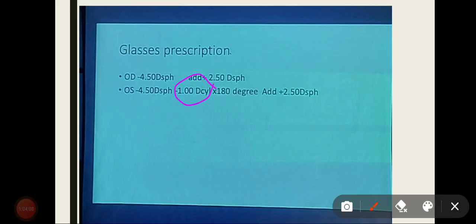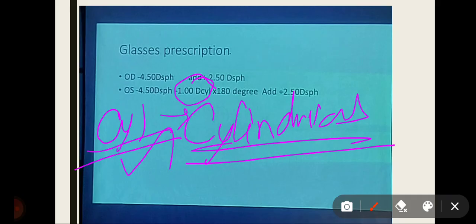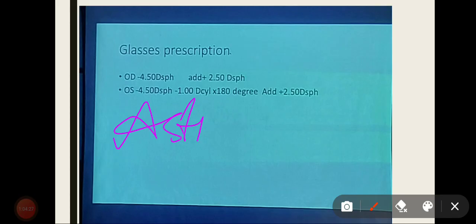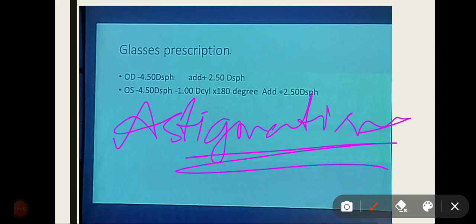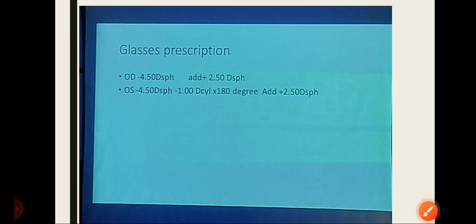Now comes CYL. CYL indicates the cylindrical. It corrects astigmatism. This shows the amount of cylindrical power needed to correct, that means minus 1 diopter is needed.